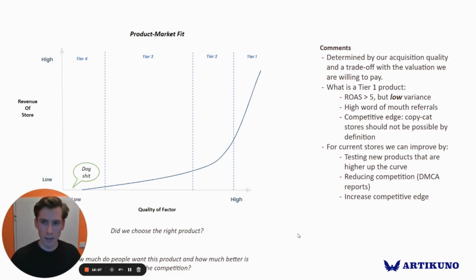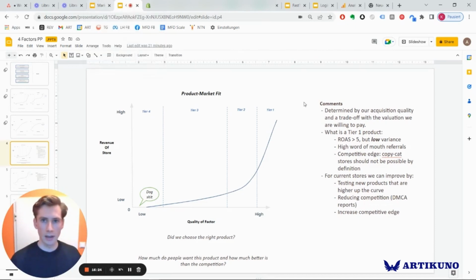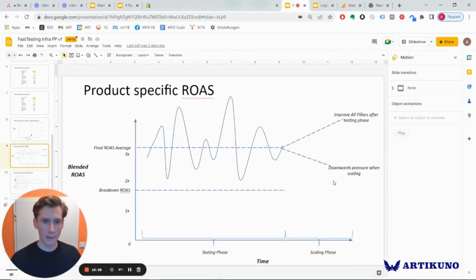Now, how do I actually define the tier 1 product? I mean, look, I wrote this like almost half a year ago, but I think ROAS above 5 if you're running really paid ads with low variance. There's another slide. Actually, let me quickly jump into it. I made this point here on this slide where the variance in the ROAS, right? So like, let's say you're testing a new product and you're running Facebook ads, TikTok ads, whatever paid channel it is, and we'll discuss organic separately.